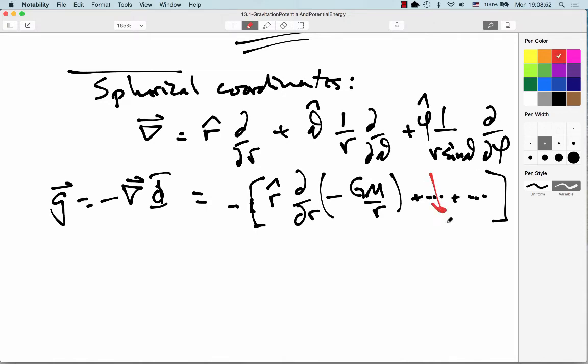So that term will go to 0, that term will go to 0. That's why we love spherical coordinates when the symmetry is appropriate. So this minus gives me a plus, but then when I differentiate, I'm going to bring down another minus, so I'm left still with a minus. I get minus GM over r squared, r hat.